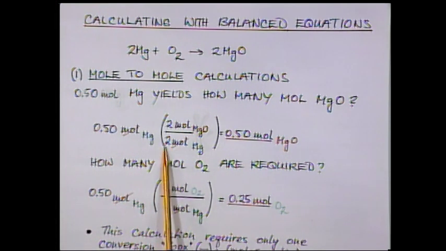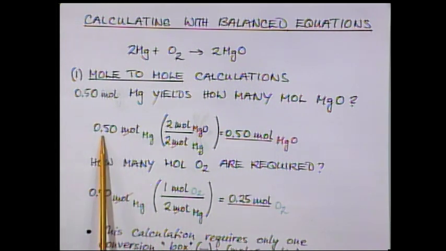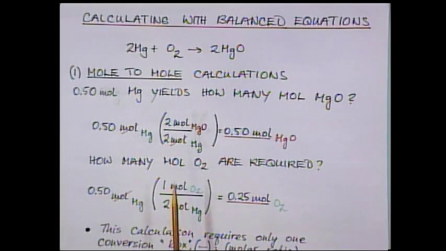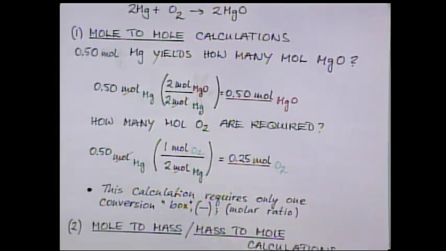So we have the moles magnesium canceling, and we end up with moles magnesium oxide. So we did the right unit conversions already. And then last, not least, we will do the number crunching. But you see here there is nothing to crunch because it will be the same amount, the same molar amount. Now, how many moles oxygen are required for this?